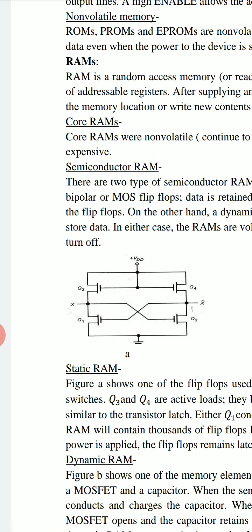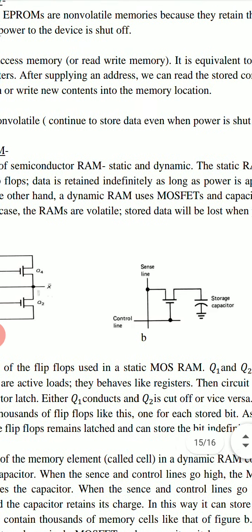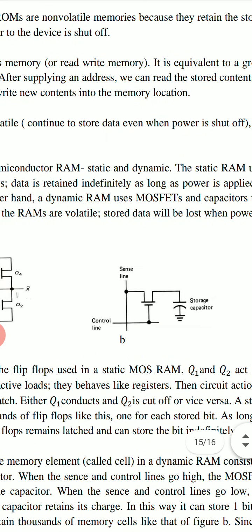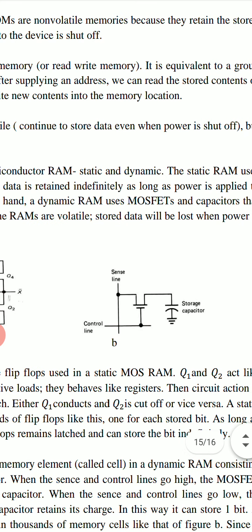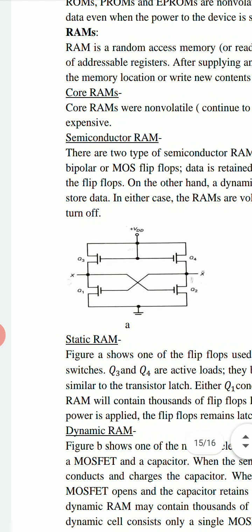Semiconductor RAM. There are two types of semiconductor RAMs. One is static and the other is dynamic. The static RAM uses bipolar or MOS flip-flops. MOS is metal oxide semiconductor FET.